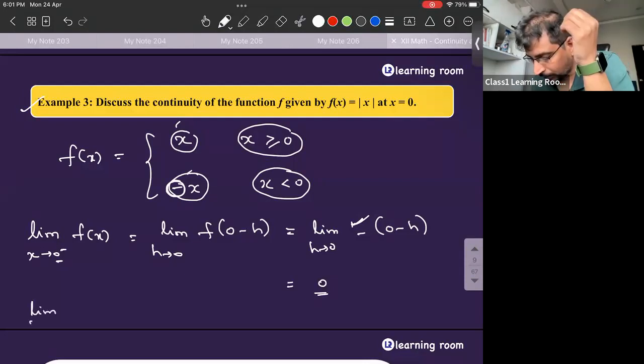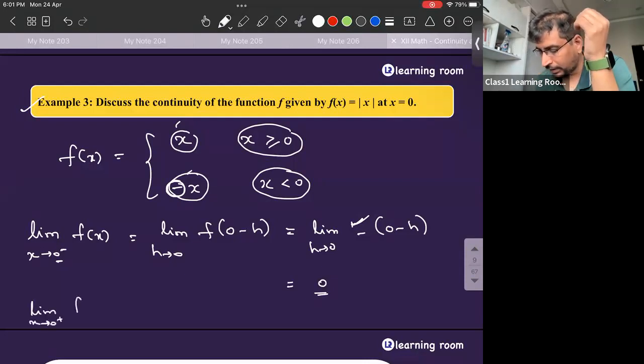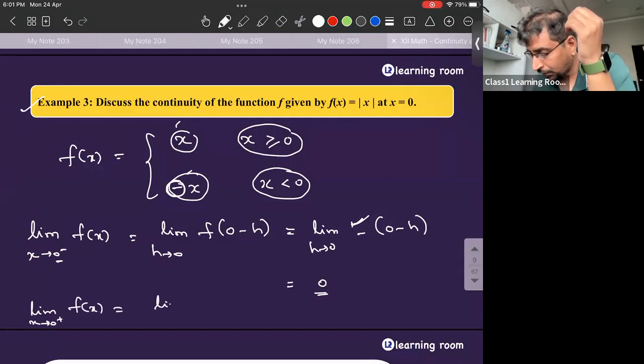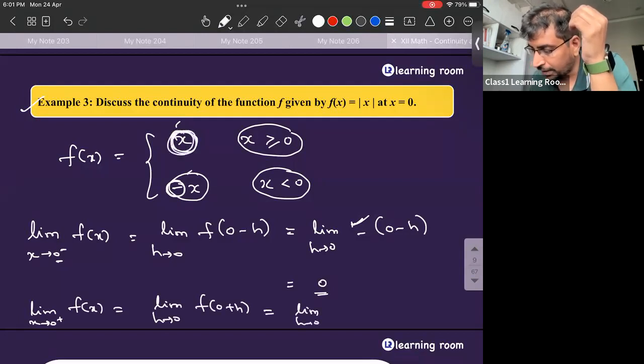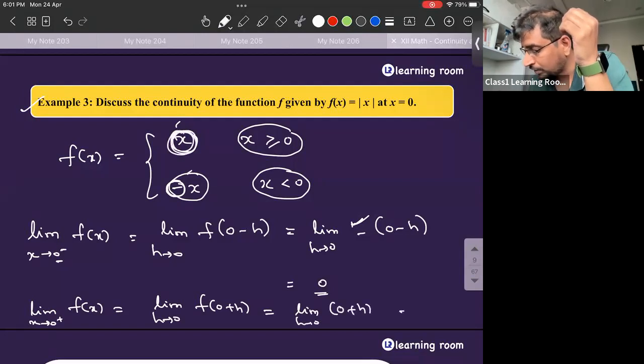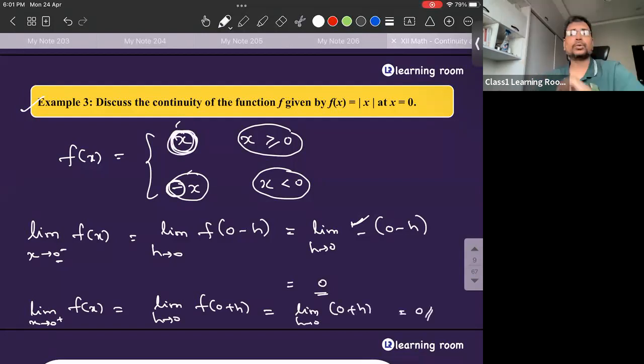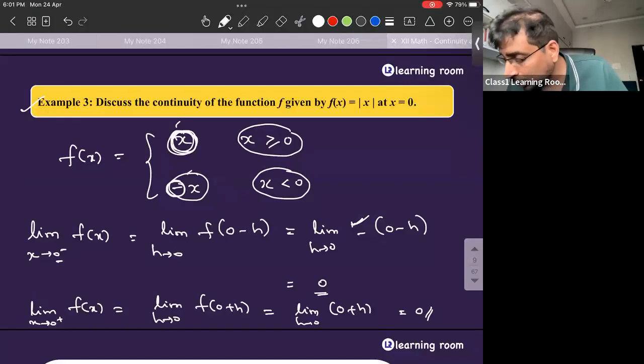Similarly, limit x tends to 0 plus f of x is equal to limit h tends to 0 f of 0 plus h. So, I will take this x, which is 0 plus h, which will be 0 itself. So, whether you take the left limit or the right limit for this function, both are generating a 0. Then what about the function value?